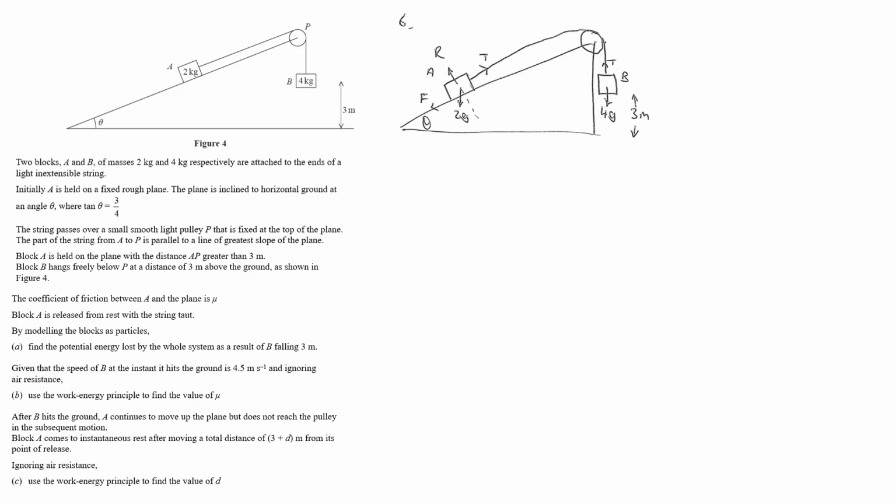Then it says B hits the ground, A continues to move up the plane but does not reach the pulley in the subsequent motion. Block A comes to instantaneous rest after moving a distance of 3 plus d. So what I've done there is, for A, after it's moved 3 meters already, the kinetic energy afterwards, okay?